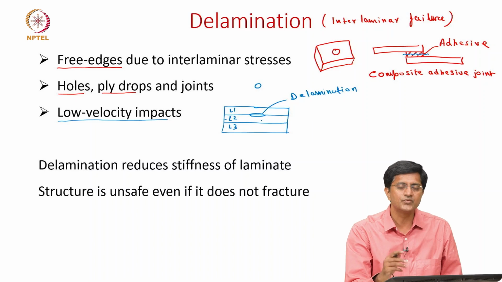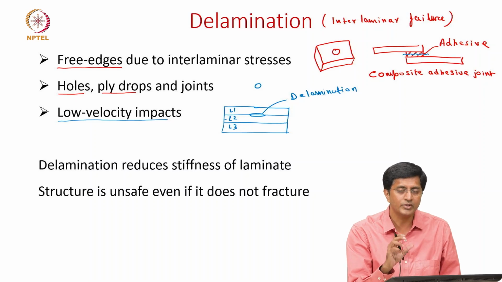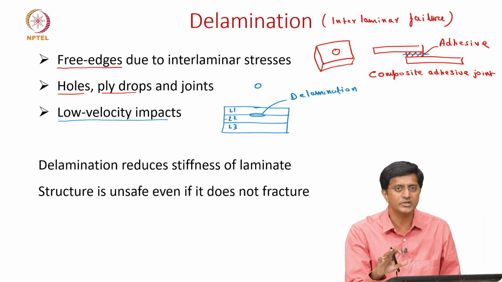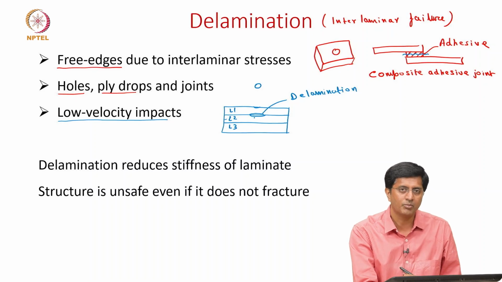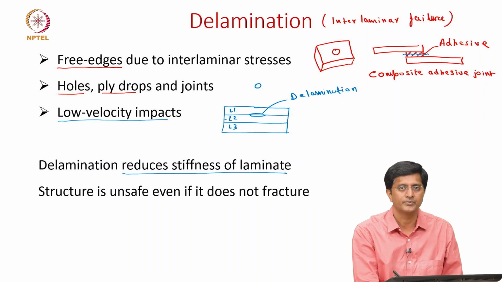This delamination is very common in the composite industry, and it is very dangerous because one cannot see this failure with the naked eye; it is beneath the surface, so you cannot have access to it. On the surface it looks fine, but within the surface there is a delamination. But what is the problem with a delamination like this? It reduces the stiffness of the laminate.